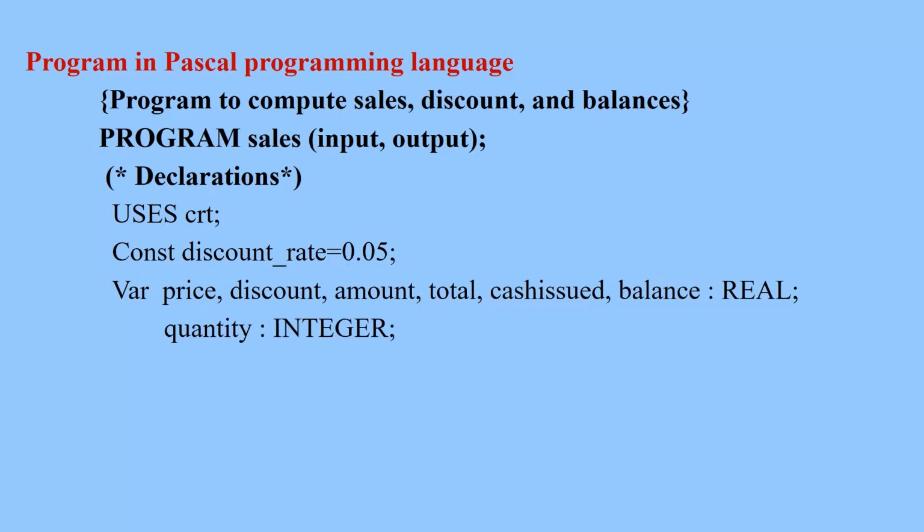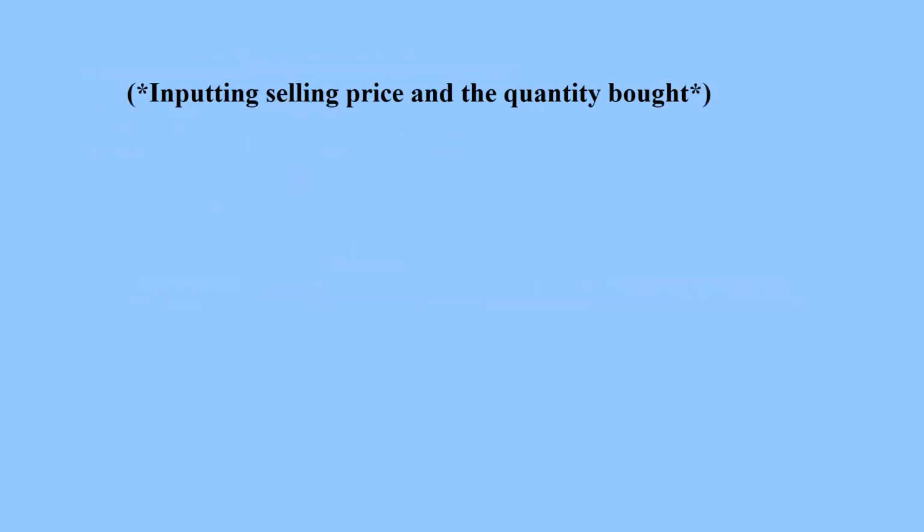That is real. Then we declare another memory location for holding a whole number. That is quantity. Then we begin. The first set of instructions are those for requesting the selling price and quantity bonus. So we clear the screen.